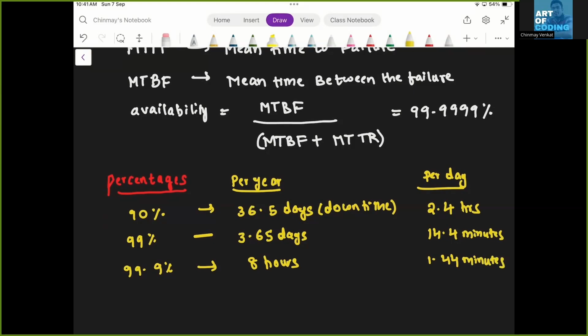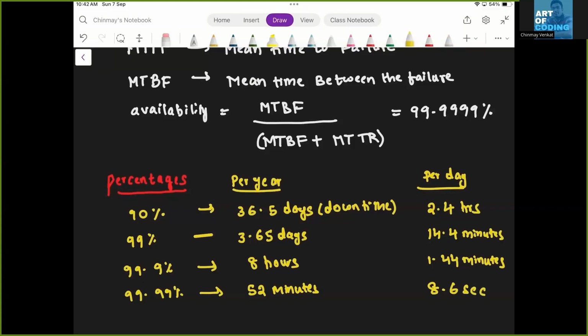And if the availability of an application is 99.99%, then per year there is 52 minutes of downtime, and per day just 8.6 seconds of downtime.